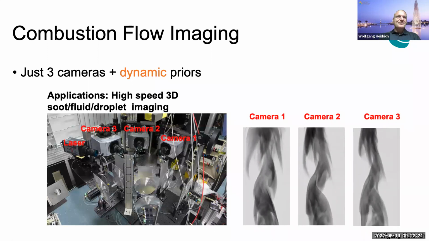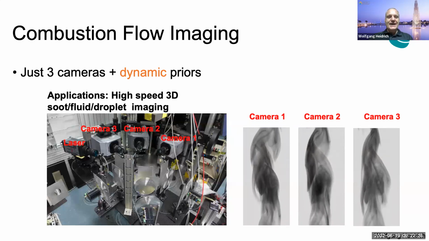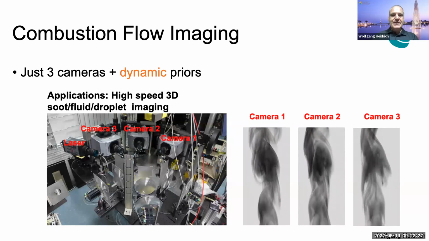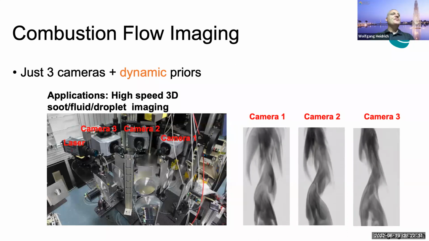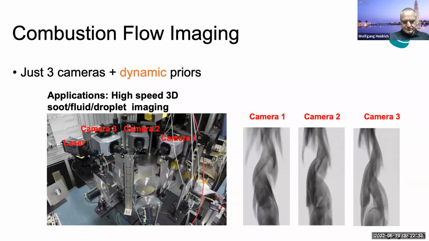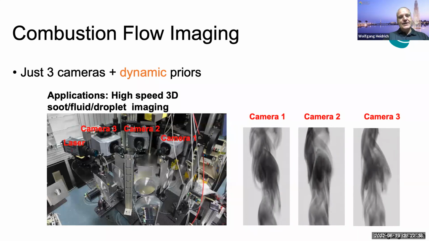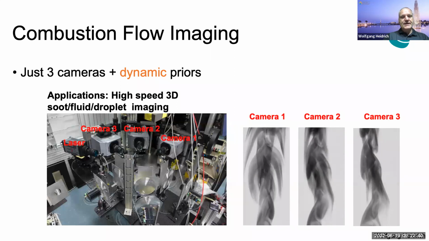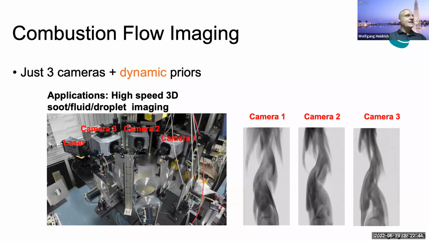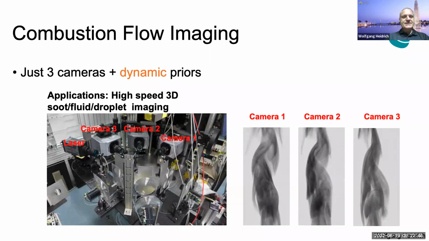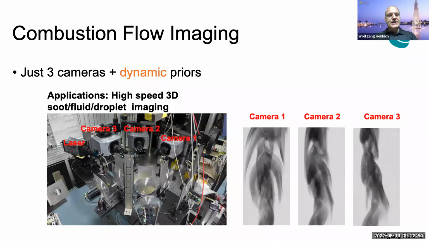Okay, the same kind of principle though can be applied to other kinds of imaging modalities. We did a lot of work on these kinds of reconstruction problems with partners at KAUST and in other places that come from the sciences and want to image certain phenomena. So here's a setup from soot imaging.